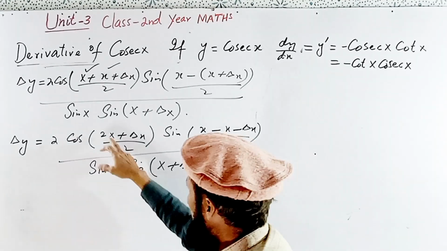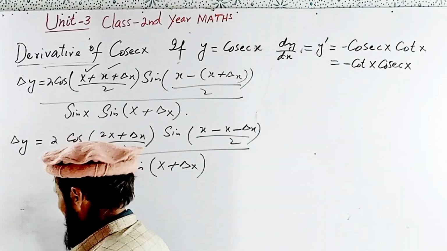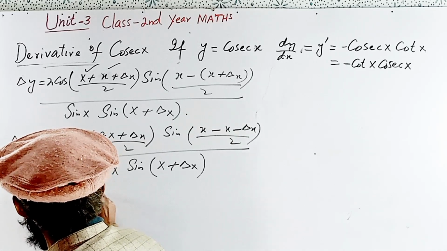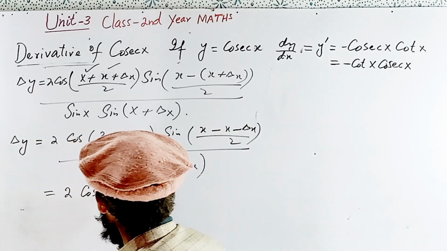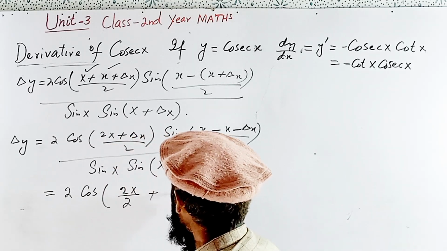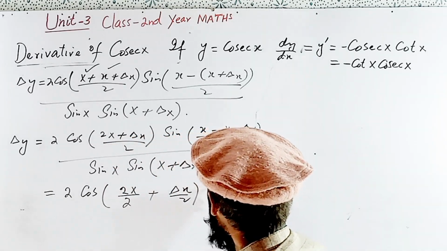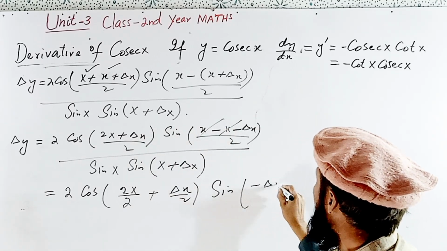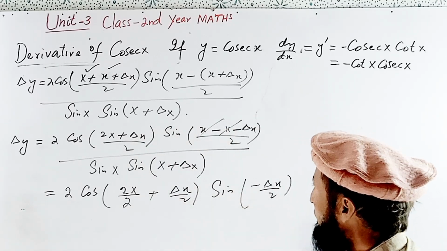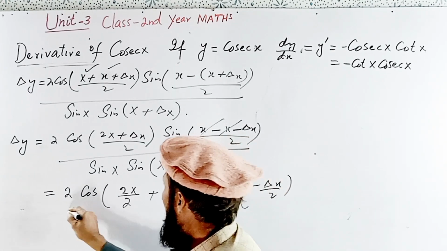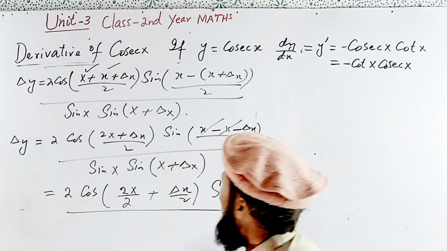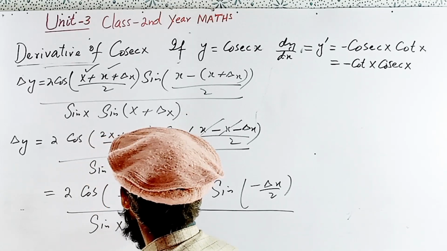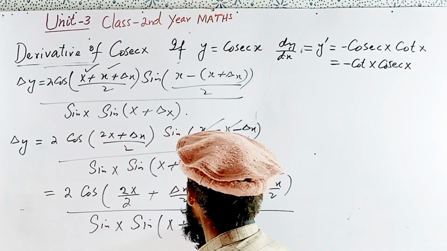Dividing this term individually, we write 2 cos of (2x plus delta x) divided by 2 and minus sin of delta x divided by 2, divided by sin x and sin of x plus delta x.